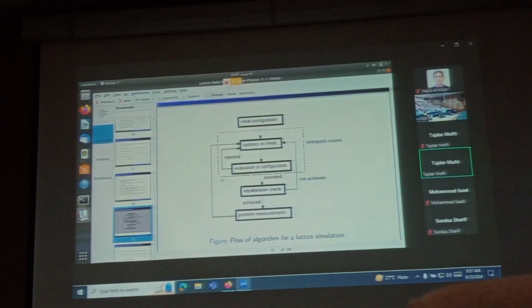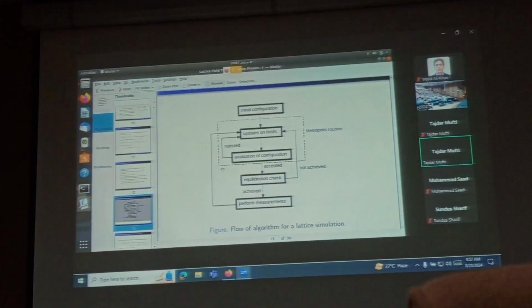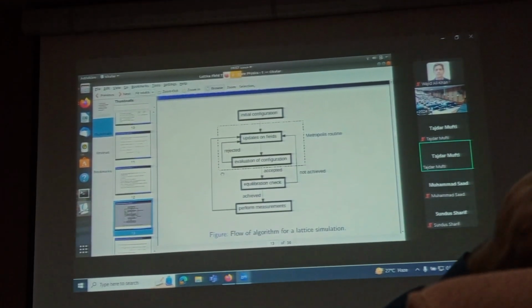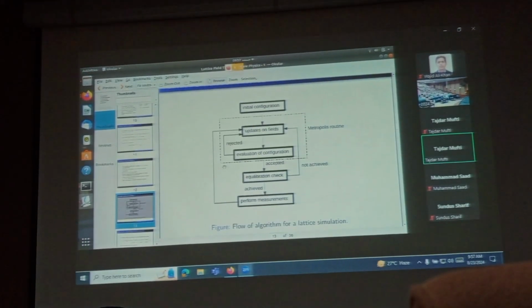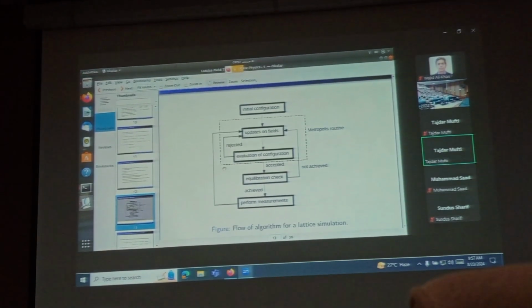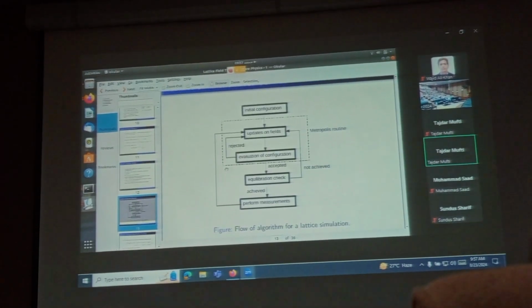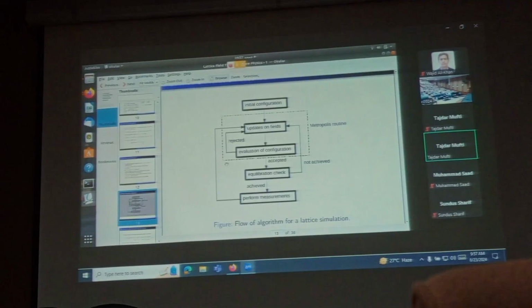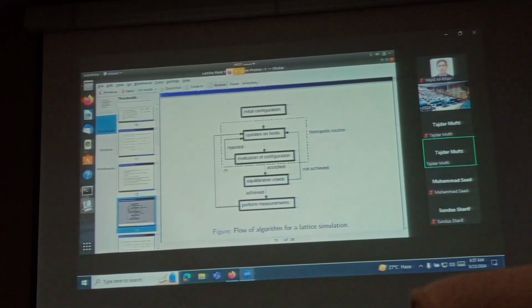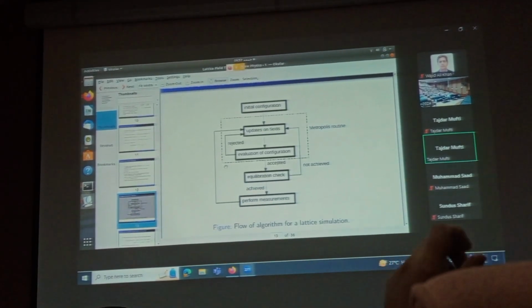If not, it sees whether it can be randomly chosen, and if it's also rejected, then it goes back to the update. Once you have performed a measurement, you are calculating an average value over a lot of samples, so you need to go back to get another sample. And this is how the code works for us.